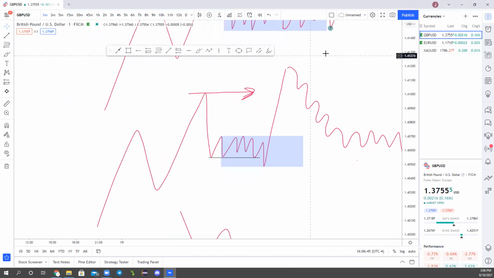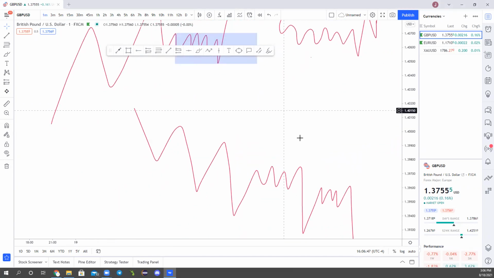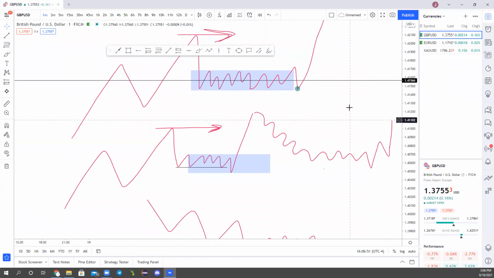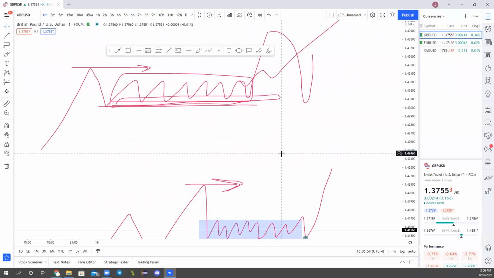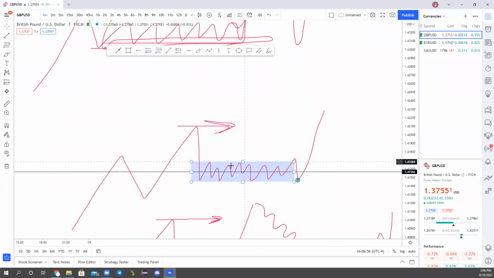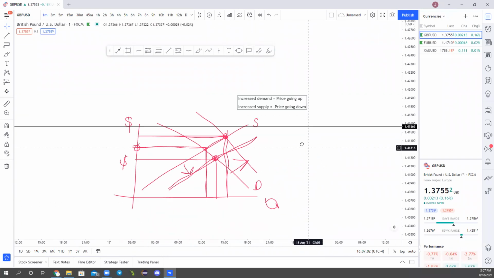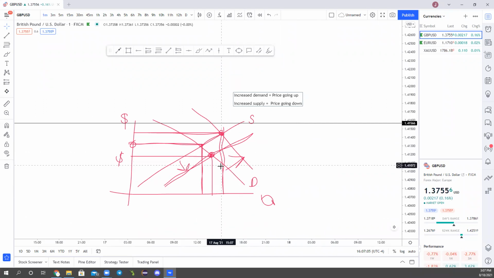So that's a short description of what demand actually looks like. And you can see it on the lower time frames, the higher time frames, it really doesn't matter. But it's just consolidation before a push up. And it is back to the idea of when you get an increase in demand, right? Price will go up, quantity will go up.